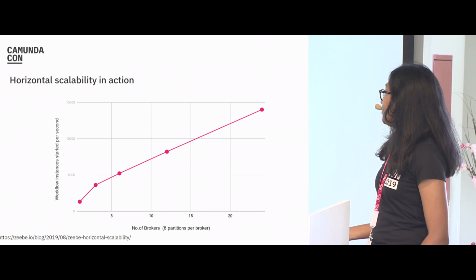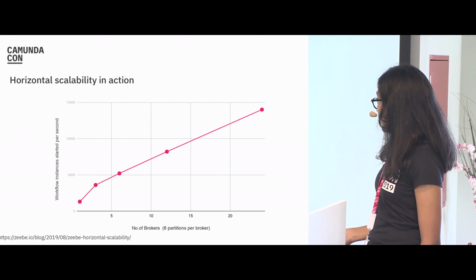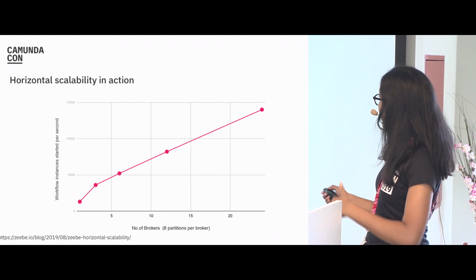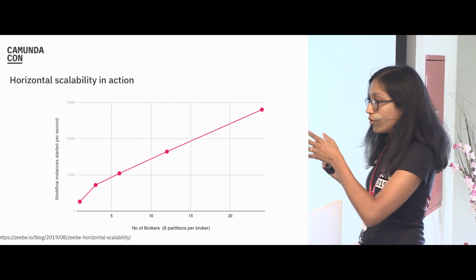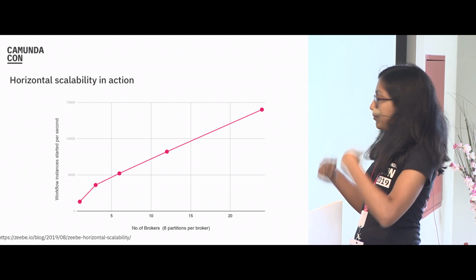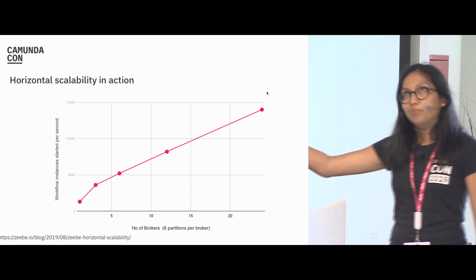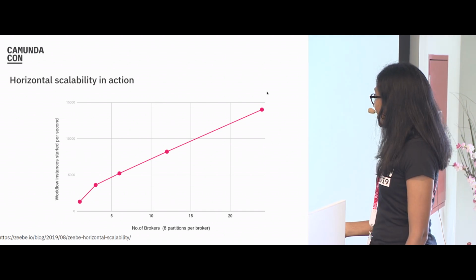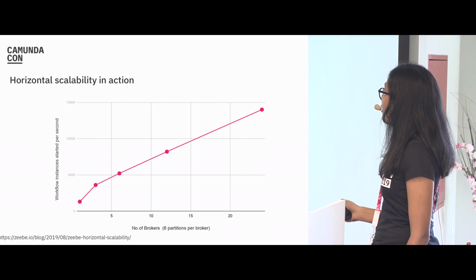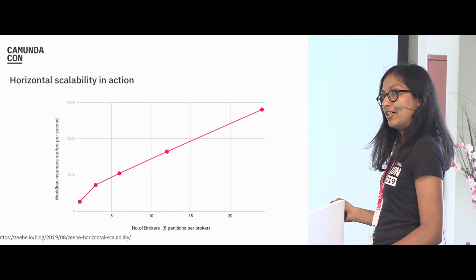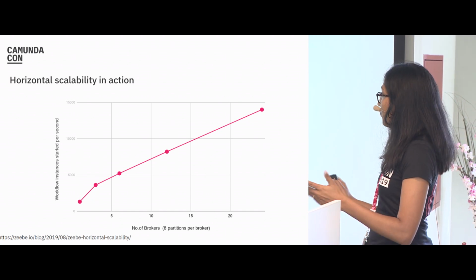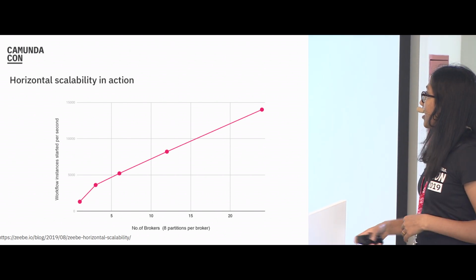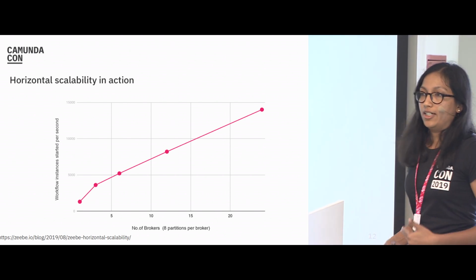Here is one broker with 8 partitions, and here you have, I think, 24 brokers, so it's multiplied by 8 partitions. You can see that you can scale almost linearly with the number of partitions. That's the kind of scalability that we expect from Zeebe.